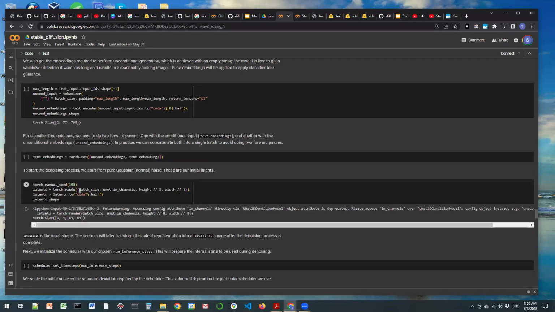Because we start with noise, we just generate noise in the shape of the UNet input channel, in the shape that we want of the latents. So the latents, as we'll see in a minute, are 64 by 64, which is shrunk by 8 in each dimension, corresponding to the 512 by 512 by 3 eventual image we want.